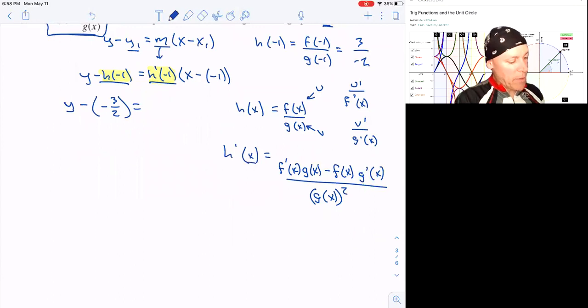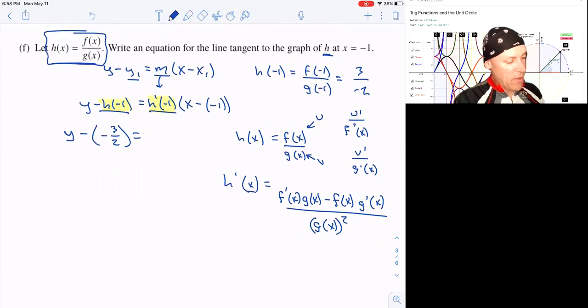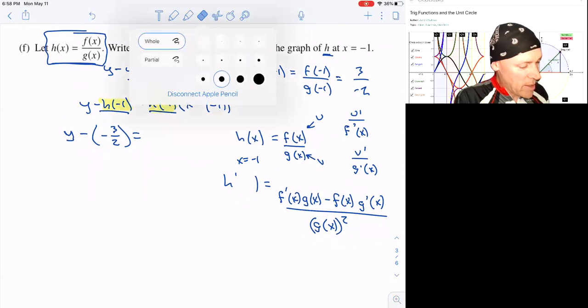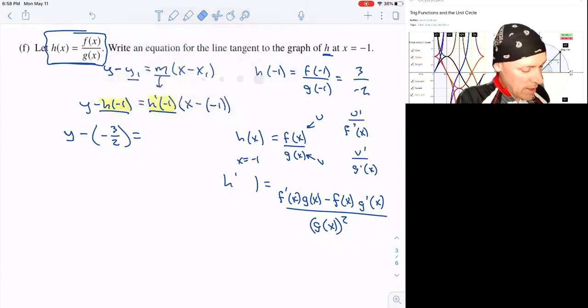Okay. All right. Now I just have to drop in. I'm looking for h prime at -1. So I'm just going to change all these x's into -1. So just x equal to -1. Hope you don't mind, I'm just going to erase all my x's. All my x's live in Texas. So x goes away.